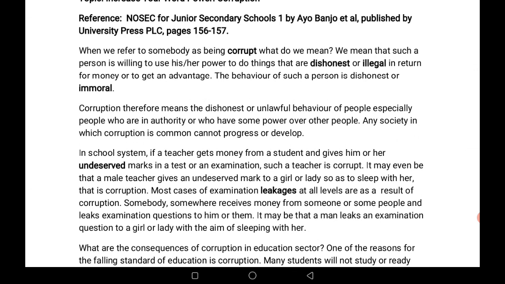That is, it means the dishonest or unlawful behavior of people, that is not just anybody, but people who are in authority or people who have some power over other people.